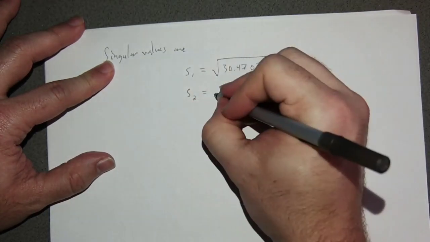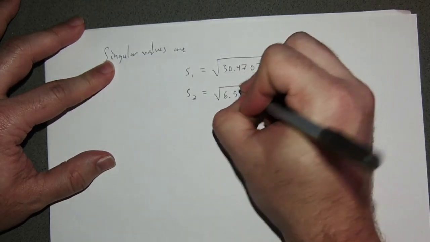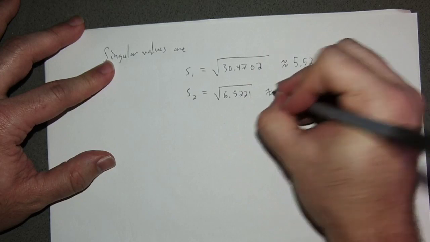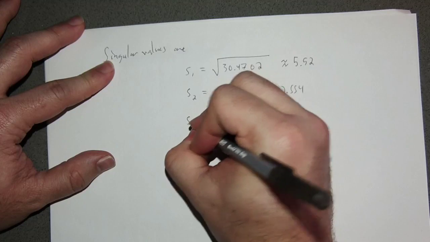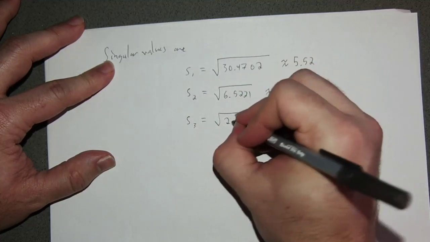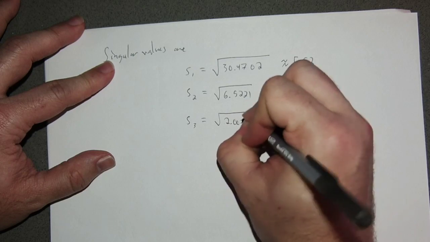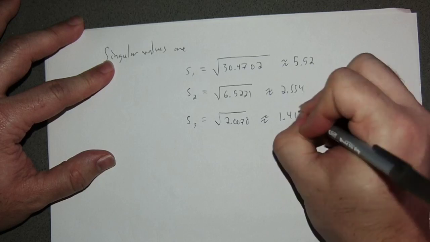S sub 2, which is the square root of 6.5221, which is approximately 2.554. And S sub 3, which is the square root of 2.0078, which is approximately 1.417.